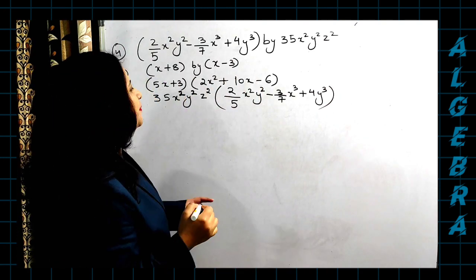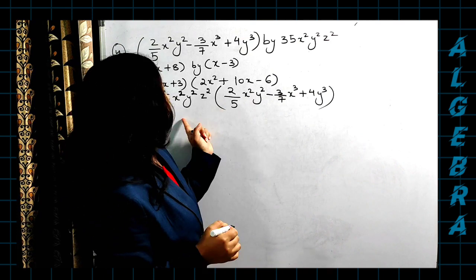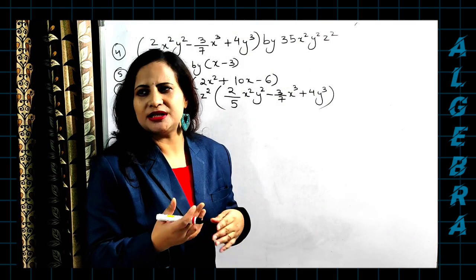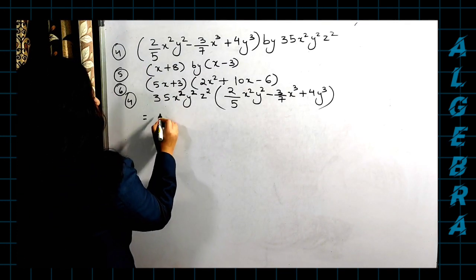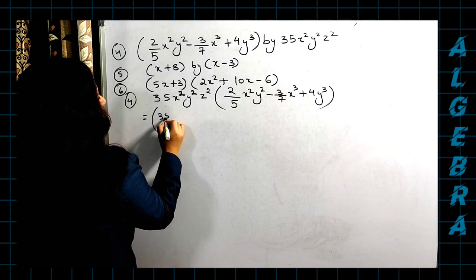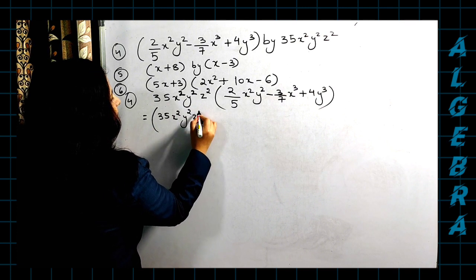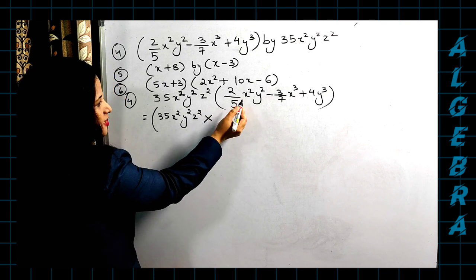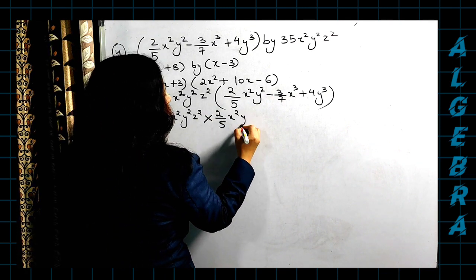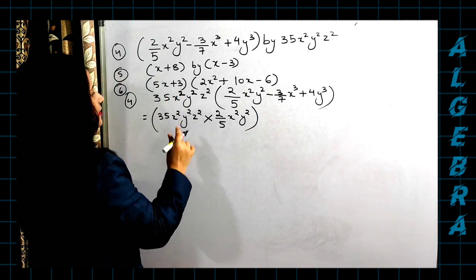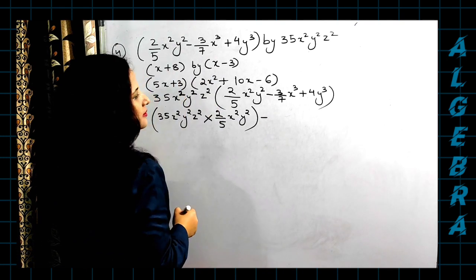Now as you had done in the previous number, same way, first this will be multiplied to this, then to the second term, then to the third term. One after the other you will be multiplying along with the sign. So let us solve it. Let us write down the first case. 35x²y²z² is first multiplied to (2/5)x²y², right? Then you have the minus sign, put the minus sign here.